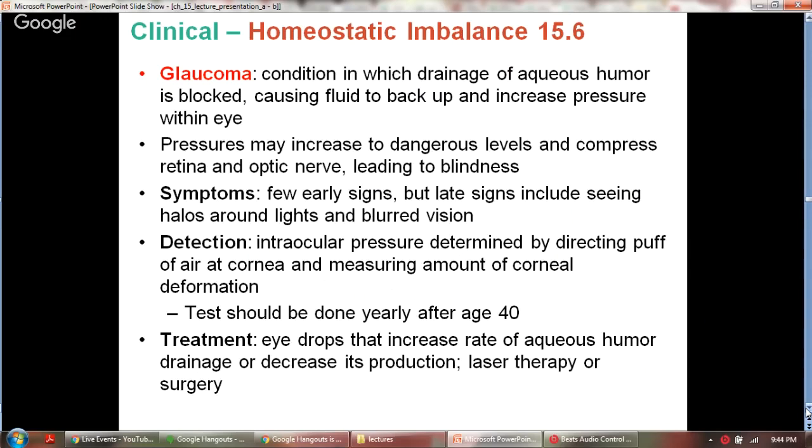You need to detect it as early as possible. Detection involves intraocular pressure checking, directing a puff of air at the cornea and measuring the amount of corneal deformation. The test should be done yearly after age 40 because there's more tendency to develop glaucoma after that age. Treatments are eye drops, which increase the rate of aqueous humor drainage or decrease production, or laser therapy by surgery.